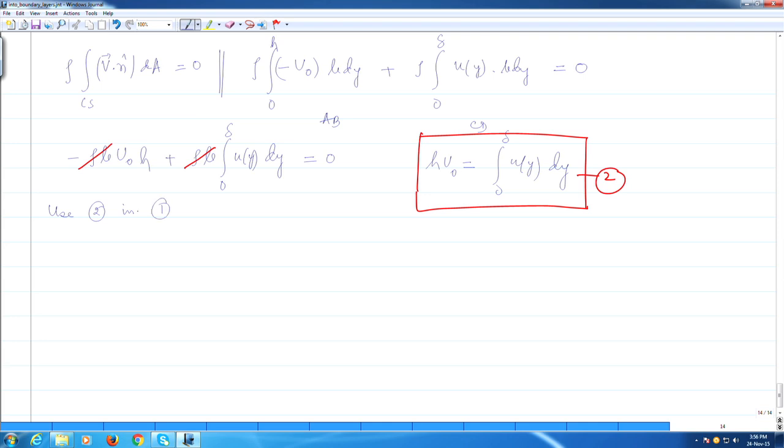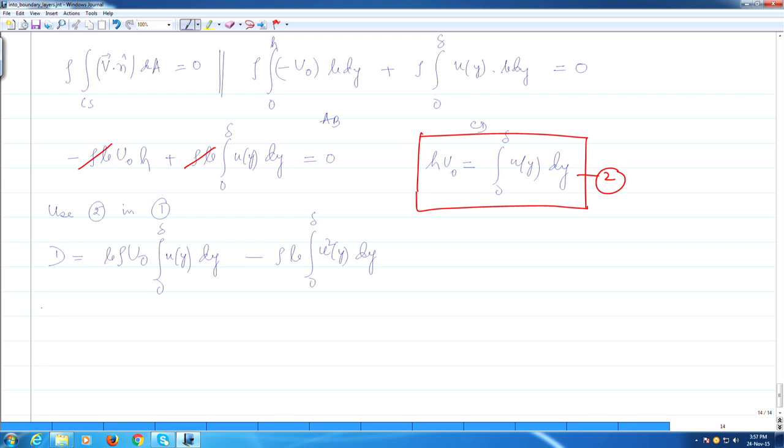If I do that, what we get is that drag is equal to b rho u naught, replacing h u naught by this integral, integral 0 to delta uy dy, minus rho b integral 0 to delta u square dy.